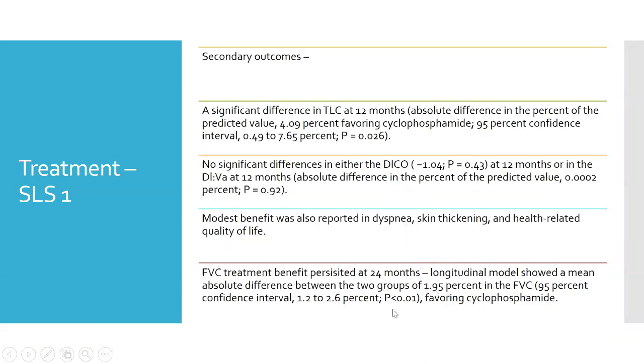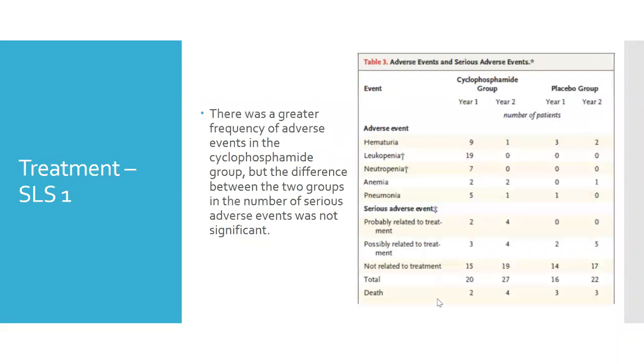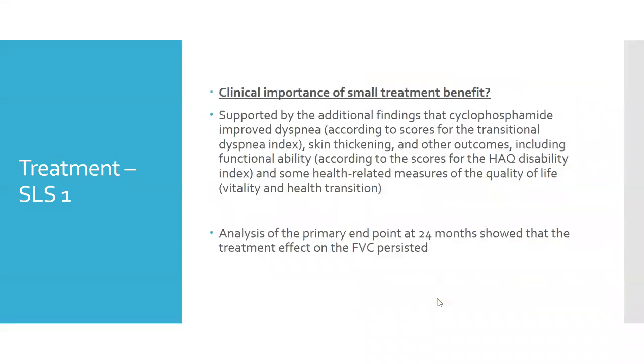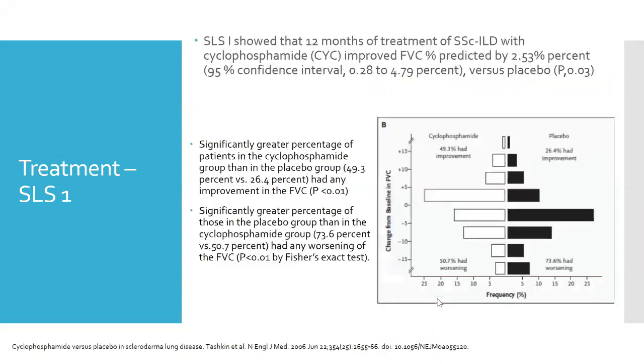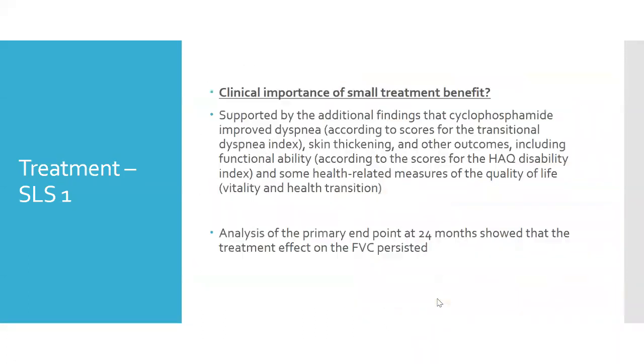So this longitudinal model at least showed that at 24 months you still had benefit of cyclophosphamide. There was obviously a higher risk of adverse effects with the cyclophosphamide group, but serious adverse effects were not significantly different. So when we talk of this, we're talking of a 2.53% FVC improvement.